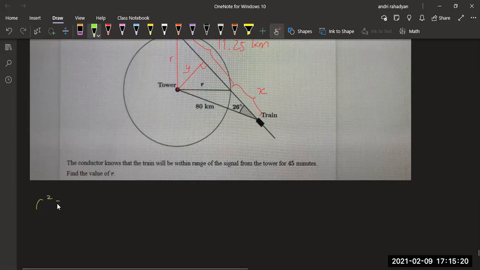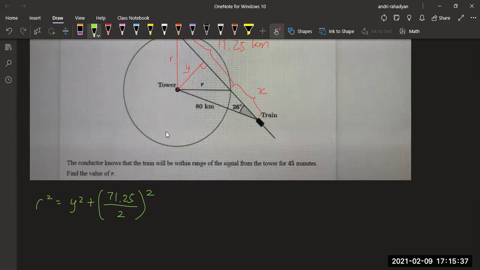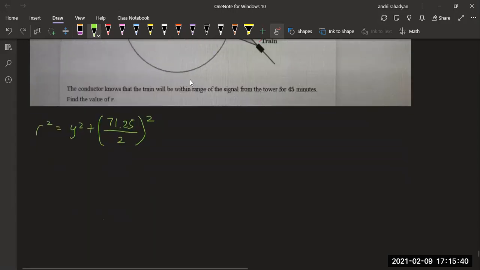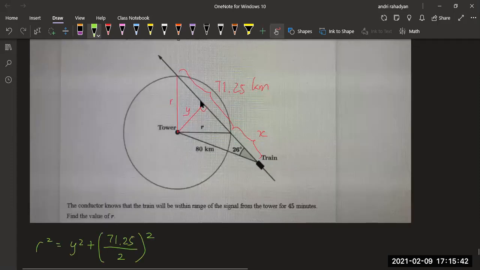R squared equals Y squared plus 71.25 over 2 squared. Why do we get 71.25 over 2?